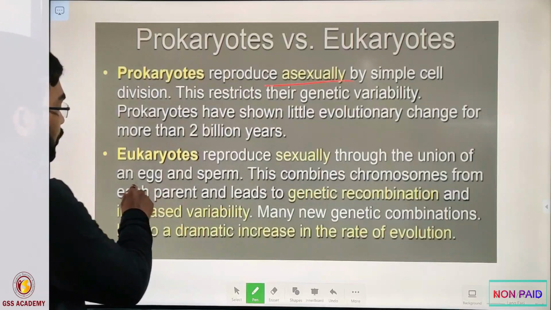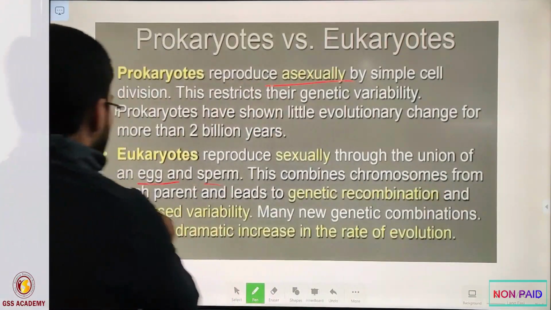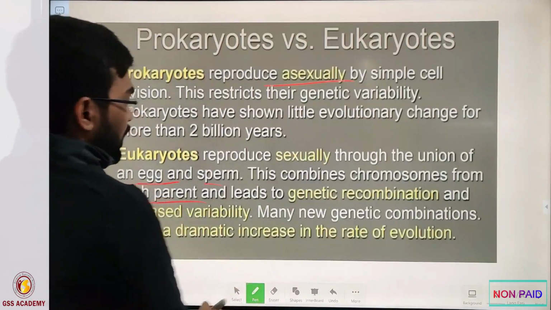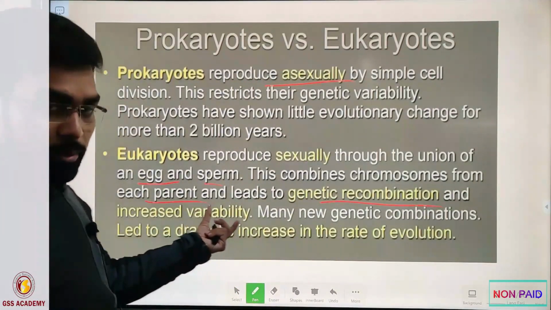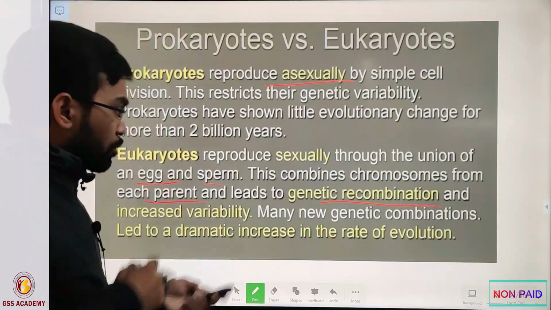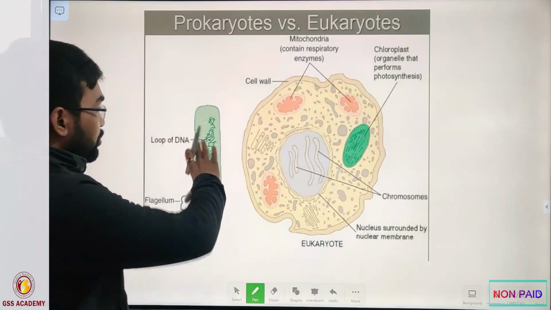Through the union of egg and sperm, the chromosomes from each parent combine, leading to genetic recombination and increased variability, right?